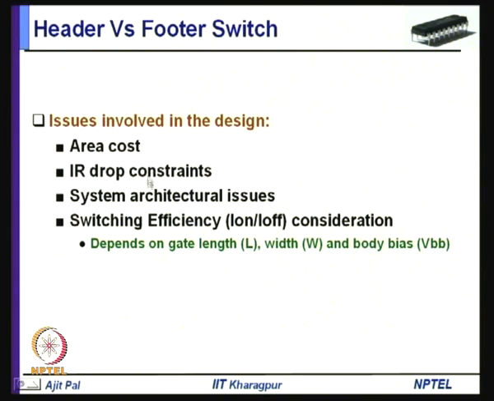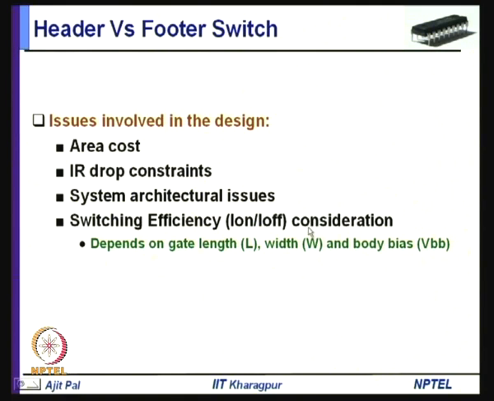So, there are IR drop constraints, and there is a trade off between the area and the reduction in leakage power, and system architectural issues which I shall discuss a little later. It has some impact on various other architectural issues, and another very important thing is switching efficiency consideration.